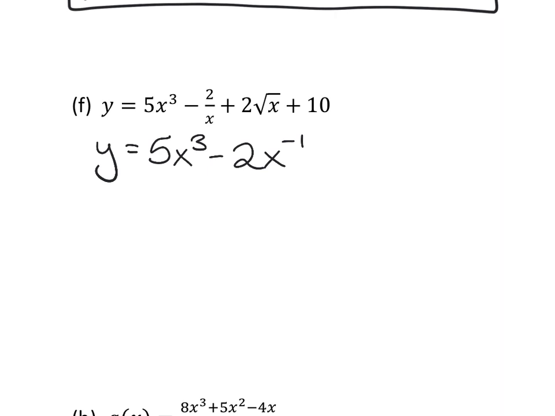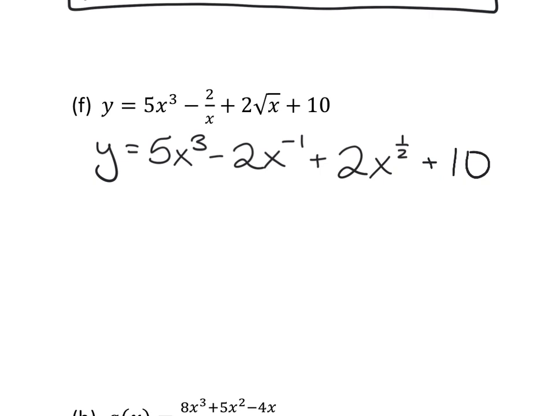Its power was an invisible 1, so I make the power negative 1. Now it's in the top. The third part is going to be 2 times x to the 1/2 power. 1/2 because square root can be rewritten as an exponent 1 over 2. The 1 comes from the back, the 2 comes from the square root. And then the 10 is still chilling by itself.